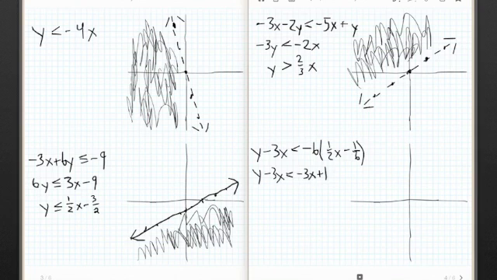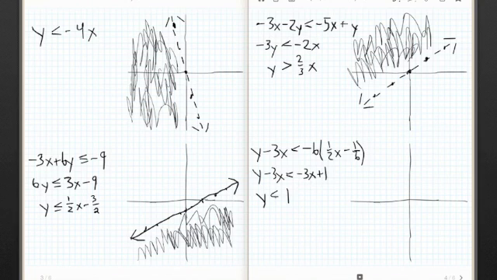And now you see we have -3x on both sides. So what that means is when we move the -3x from this side over there, -3x plus 3x is going to be 0. So it'll disappear and we'll be left with y is less than 1.